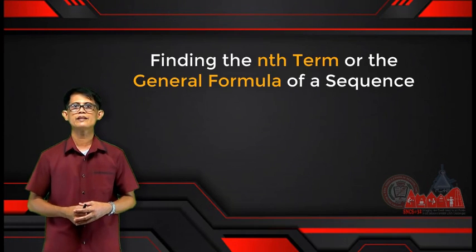I hope you learned something today about finding the nth term or the general formula of a sequence and the process to identify whether a sequence is a linear pattern or not.